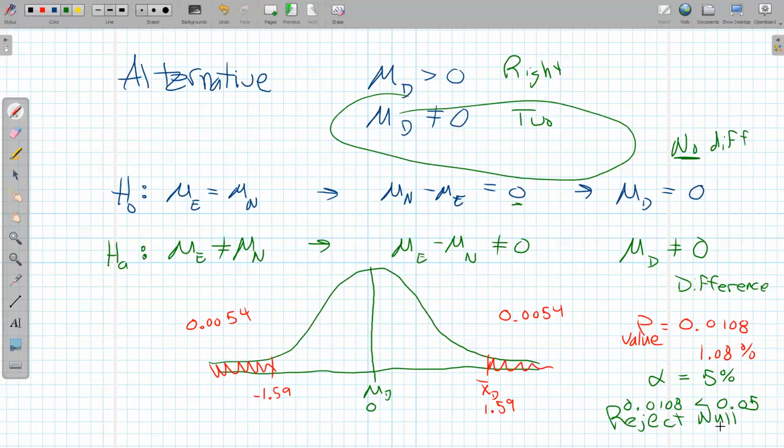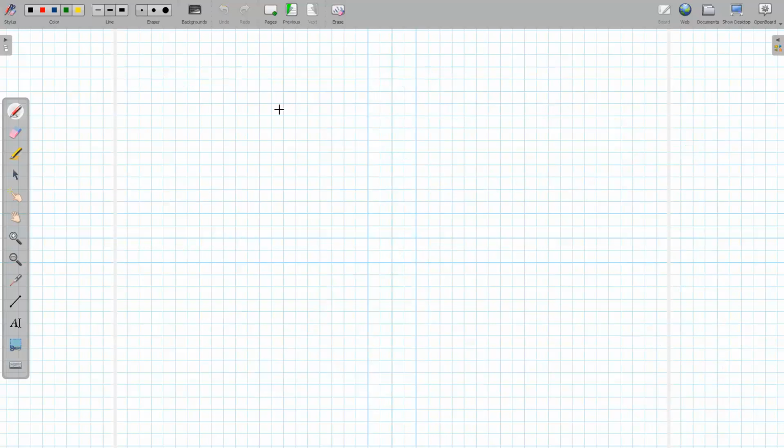And then we have to come up with our conclusion. What does that mean? Okay, so in this case, since we were in a two-tail test, what it means is we have evidence in favor of the alternative that there is a difference in the average weight gain or weight loss of people who believe exercise matters and people who don't know exercise matters, I think is the way I would state that.